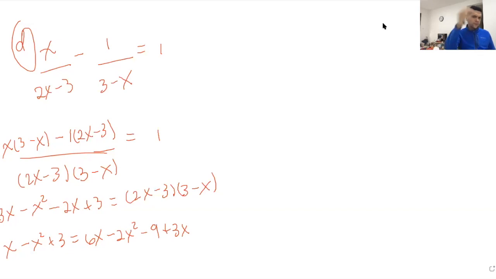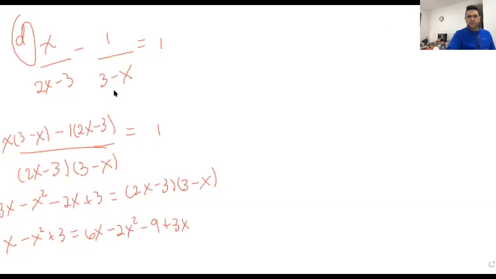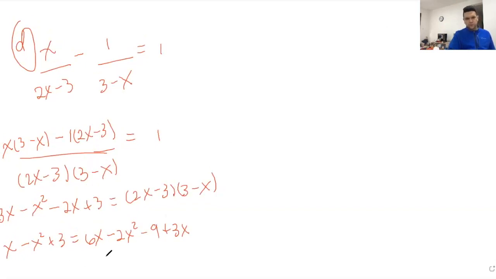All right, now I just have to combine like terms and reorganize all of this. Okay, so I want to put my x variables on the left. So I'm going to add this here, subtract this here. So plus 2x squared minus 6x.